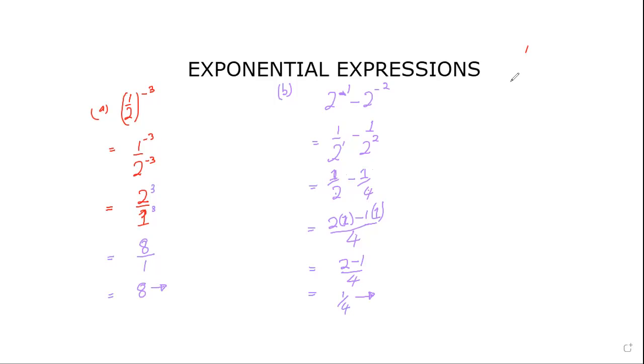And then we have C here. C will be 8/27 to the exponent -2/3.